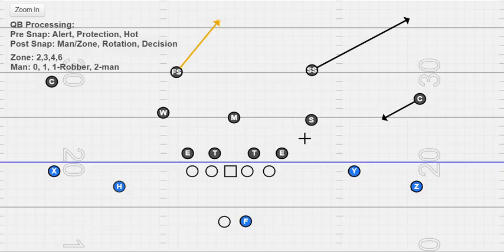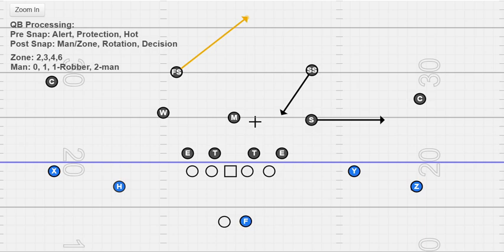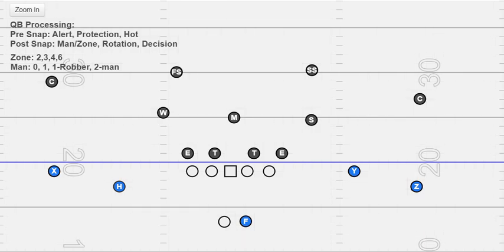But you can rotate the corner into the flat and play cover three over the top of it with a corner rotation. You can also, in cover three, drop this guy into the box and then buzz the backer. So, there's three buzz. All right. So three can happen a lot of different ways, but at the end of the day, it's three deep.